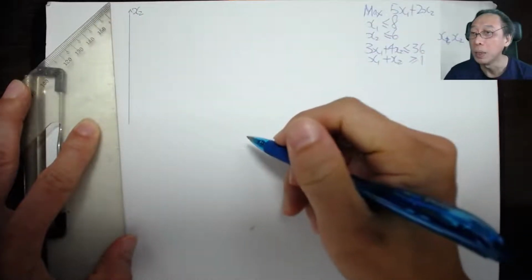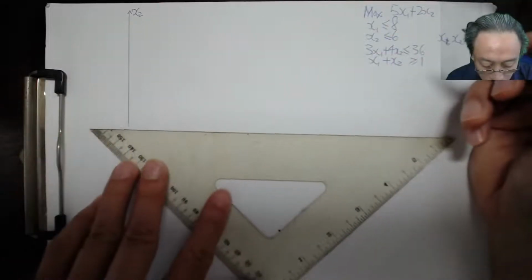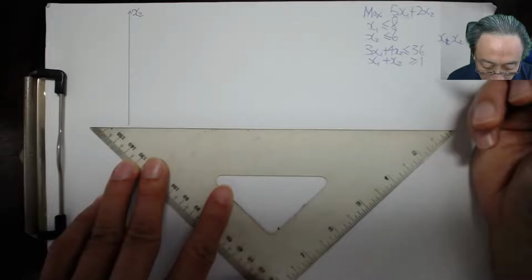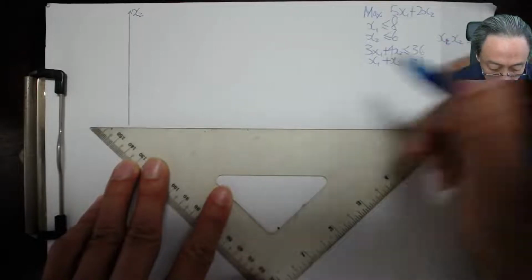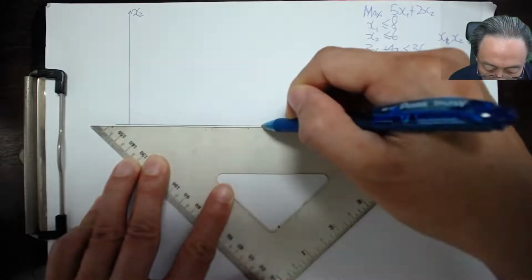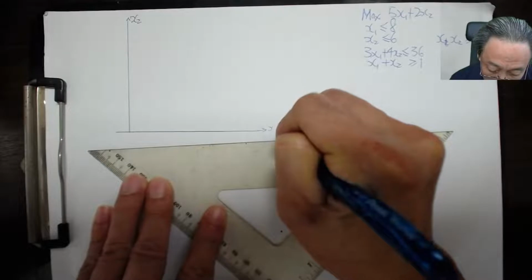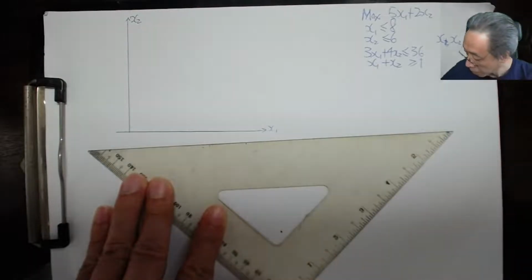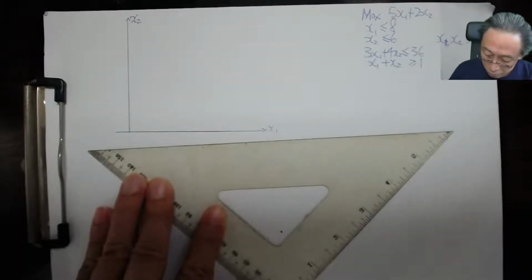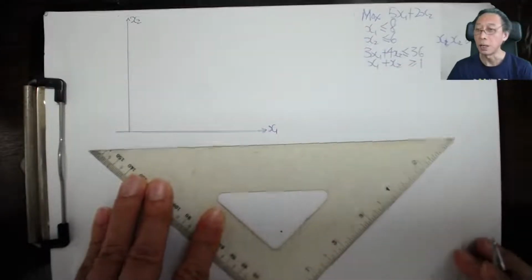There's no requirement that x2 must be the y-axis. So if you prefer, you can of course just draw x2 in the x-axis. All right, we have x1 and x2.